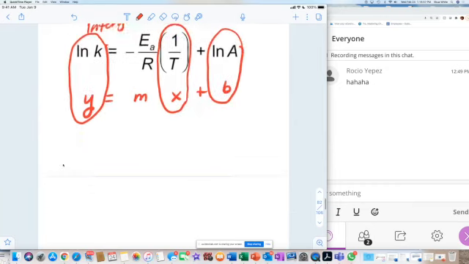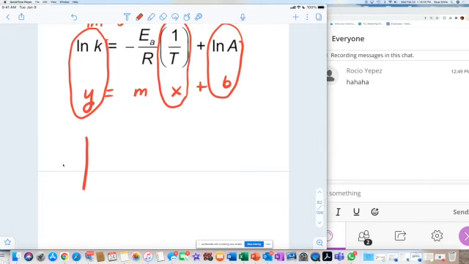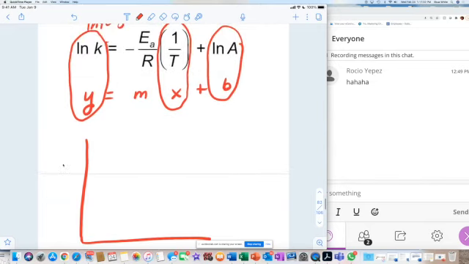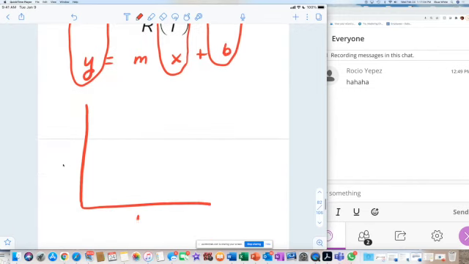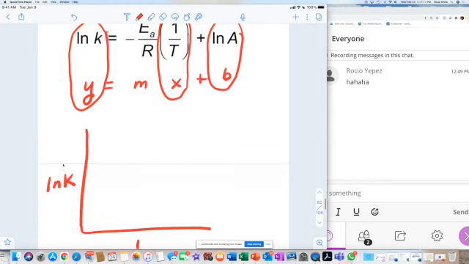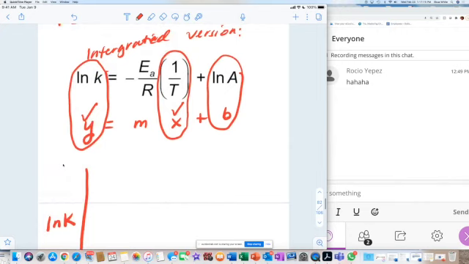So I'm going to draw the graph here because it's one of those learning requirements. Y versus X. My X is 1 over T. My Y is ln of K. Right, so I've done this part, I've done this part. And then I have a line, because this is a linear version. My line has a slope, and it's negative.